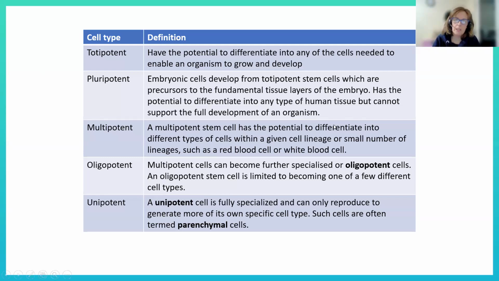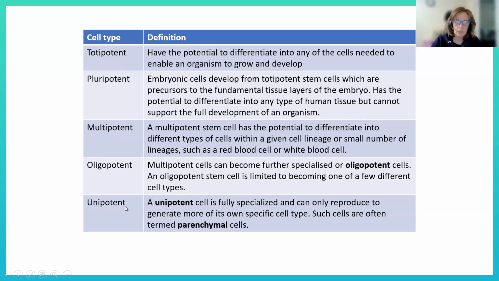Right, multipotent stem cells have the potential to differentiate into different types of cells within a given lineage or a small number of lineages. So when we were talking about cells taken from bone marrow before, we said they can be only differentiated into immune cells, for example. That's the sort of thing that we're talking about here. And then we've got oligopotent cells. These are multipotent cells that become further specialized and limited to one of only a few different cell types.